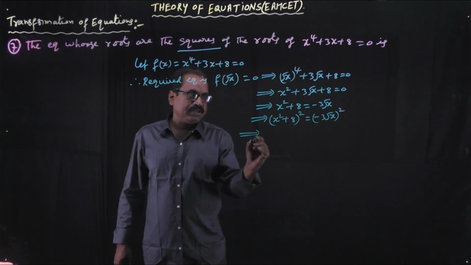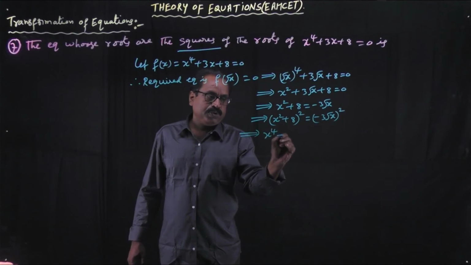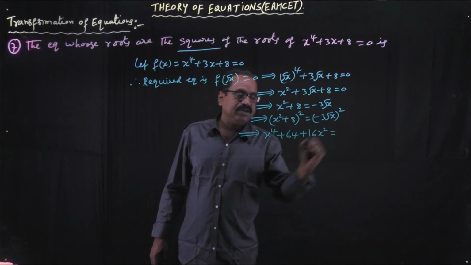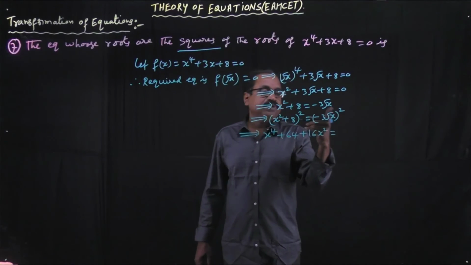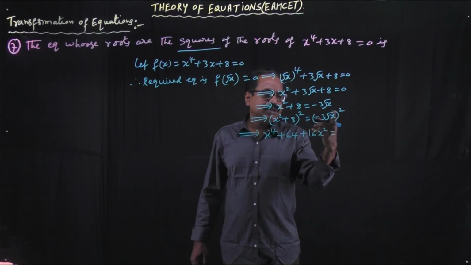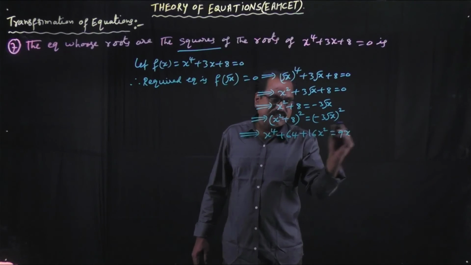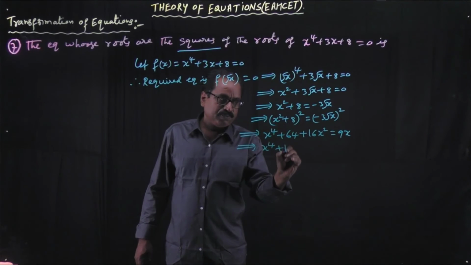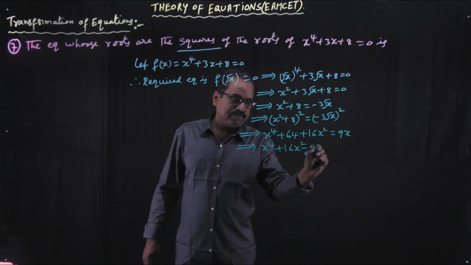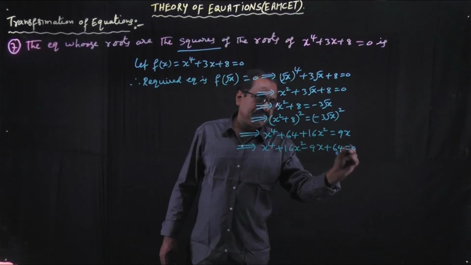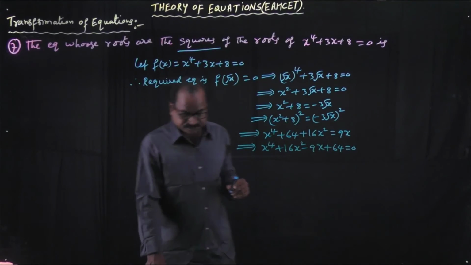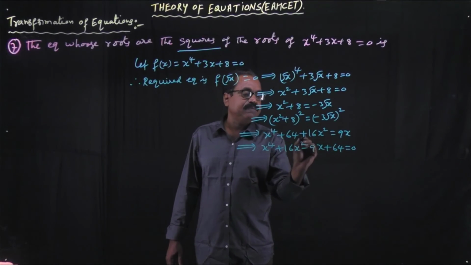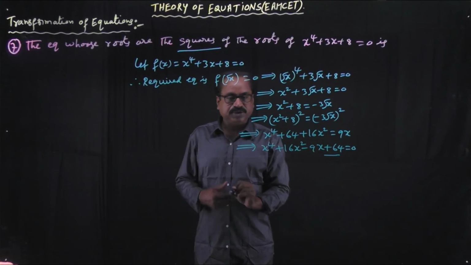So this implies x power 4 plus 64 plus 16x square is equal to, here root x whole square is x, minus 1 whole square is plus, is equal to 9x. So this implies x power 4 plus 16x square minus 9x plus 64 is equal to 0. So required equation is x power 4 plus 16x square minus 9x plus 64 is equal to 0.